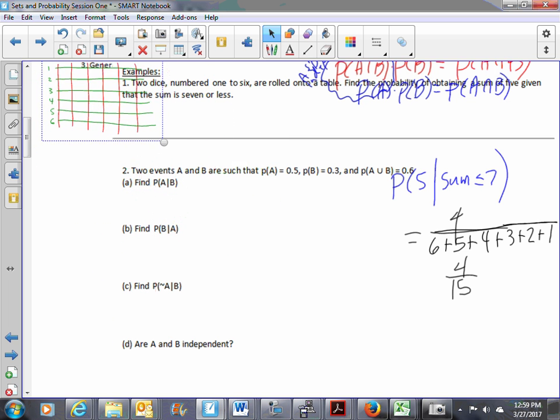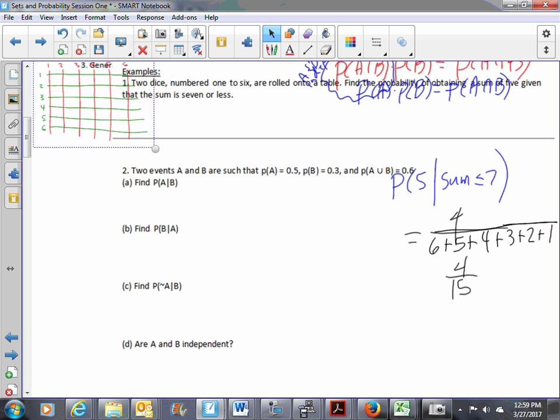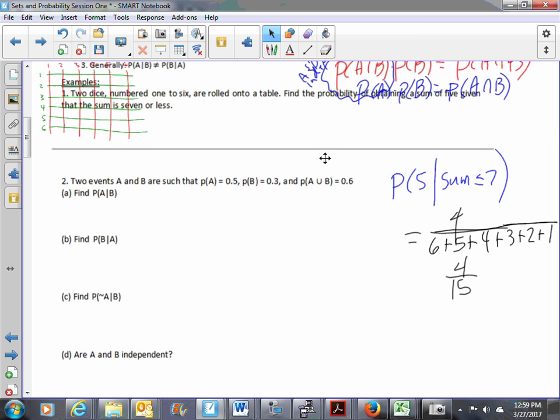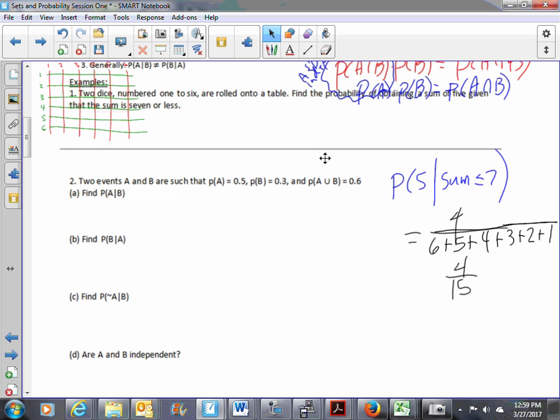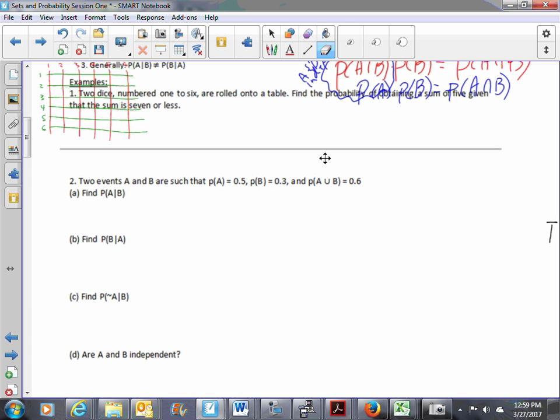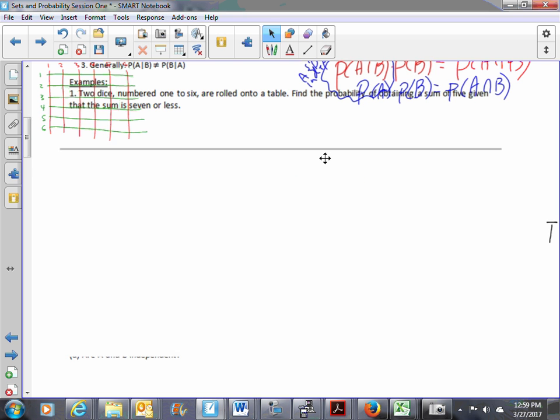In case I need it again, I have it there. All right, now. And I seem to have lost my rectangle. There it is. Okay.